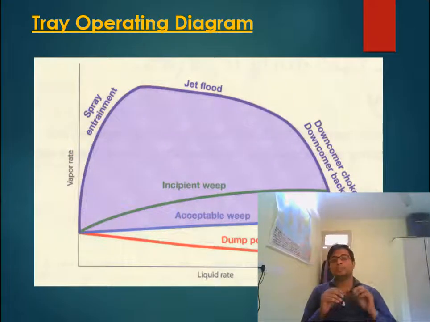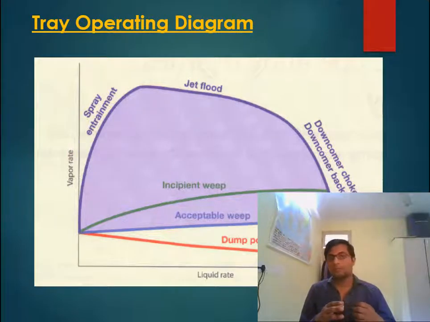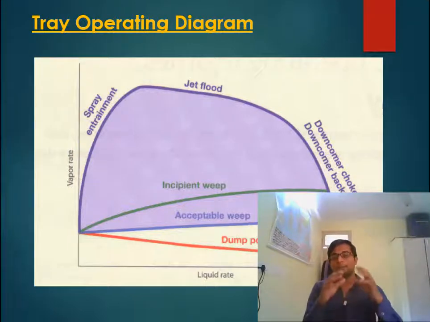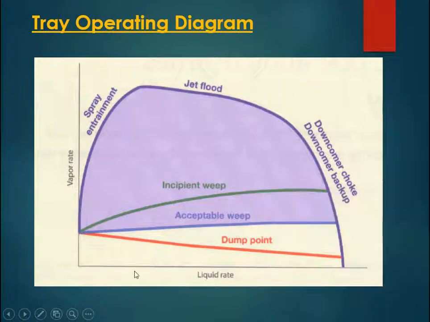Now we have discussed weeping and different types of flooding mechanism, and we have also discussed the factors which affect this flooding or weeping. So if I summarize all these factors, I will get this diagram. On the x-axis is liquid flow rate, and on the y-axis is vapor flow rate.